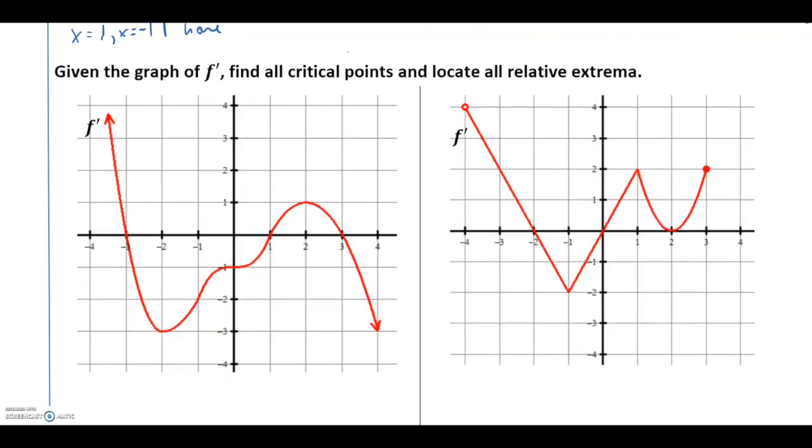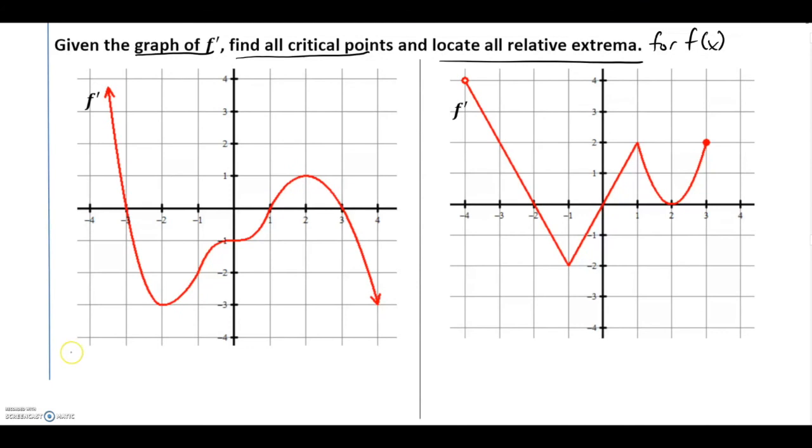And so what we're going to end on is these two problems where we're given a graph of f prime. Notice that it says f prime. We want to find all critical points and all relative extrema for f of x, the original function that this represents the derivative for.